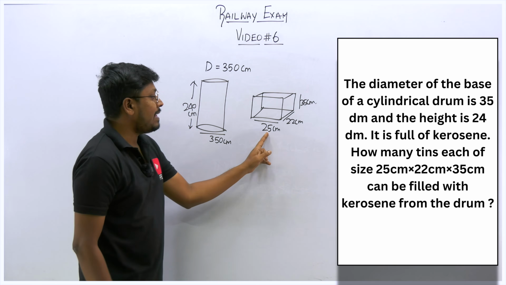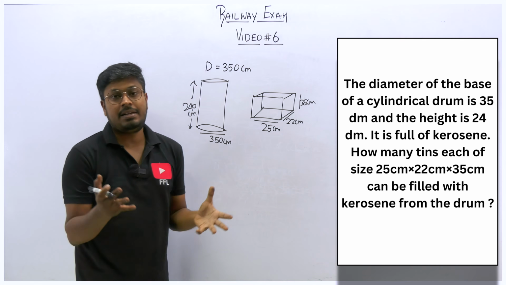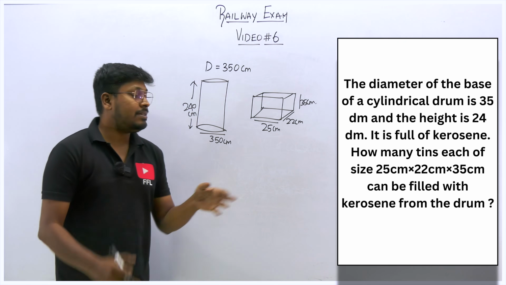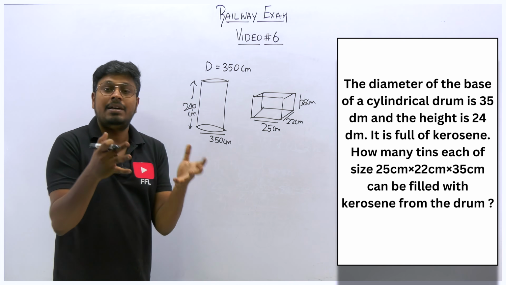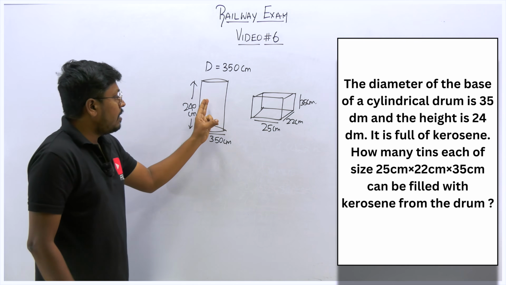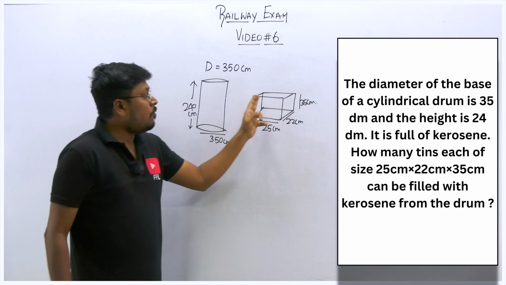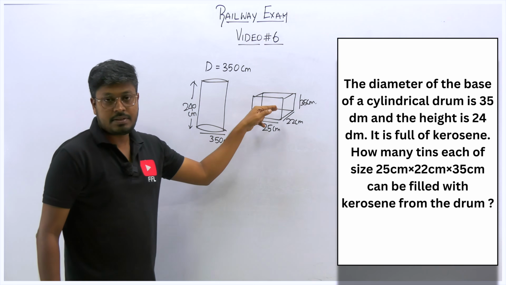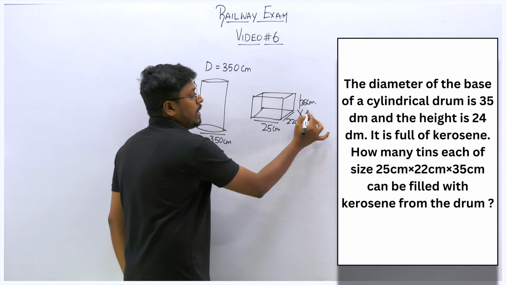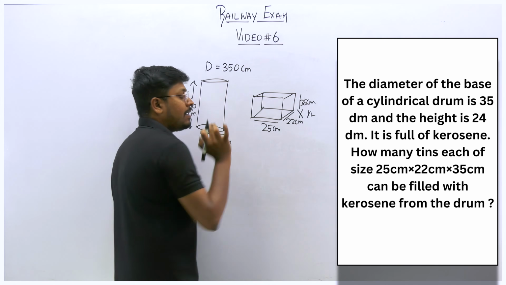But here the length, breadth, height, all the values are different. So it is not a cube, it is a rectangular tin, which means a cuboid. Here our target is to find how many tins are required in order to pour this complete kerosene into this. So n determines the number of tins that are required.